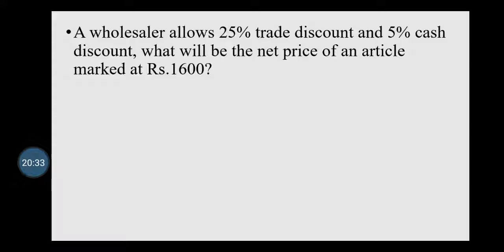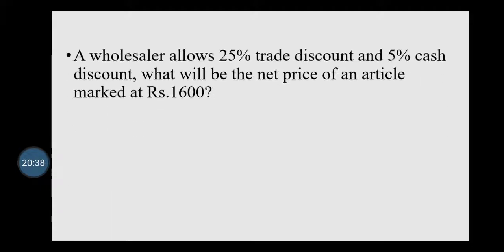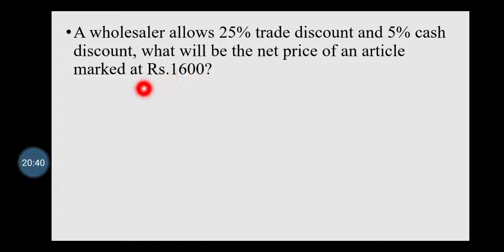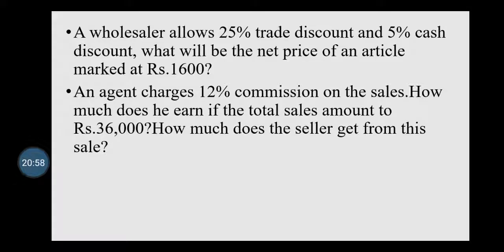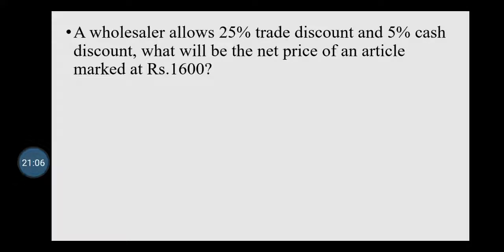As we know that the trade discount is calculated on mark price, that means on rupees 1600, and after calculating this trade discount you should deduct it from the mark price, that is from 1600, then you will get invoice price, and then you should calculate the cash discount of 5%.